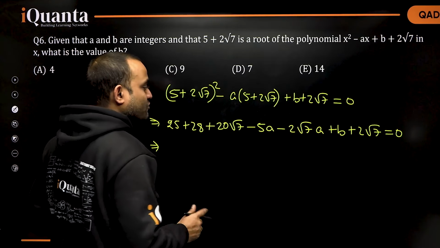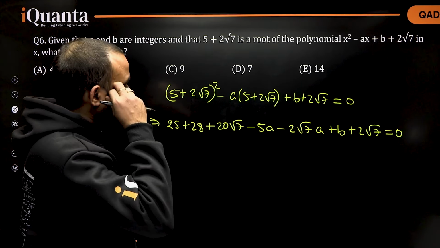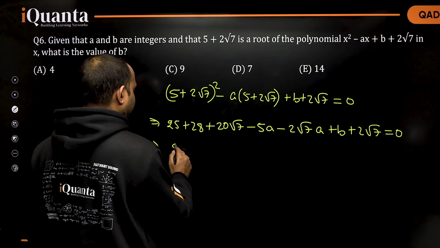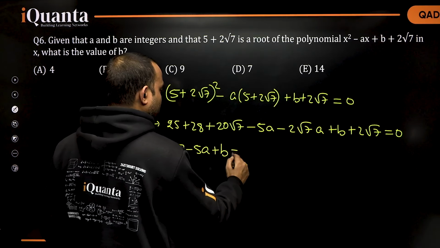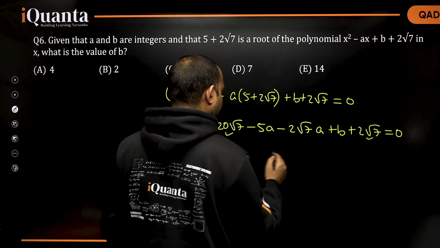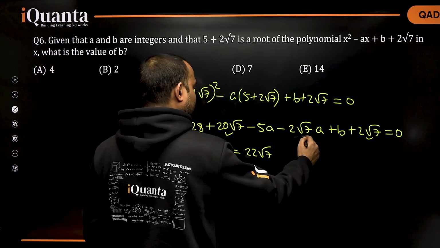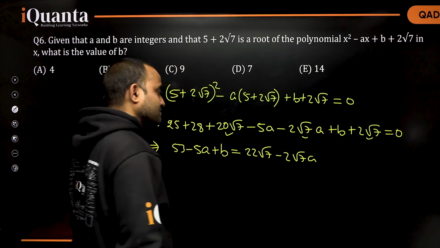Or let's keep all the integers on one side and let's keep all the irrational part on the other side. So 25 plus 28 is 53 minus 5a plus b should be equal to 20 root 7 plus 2 root 7, 22 root 7, and then we are left with this one, which is minus 2 root 7a, correct?